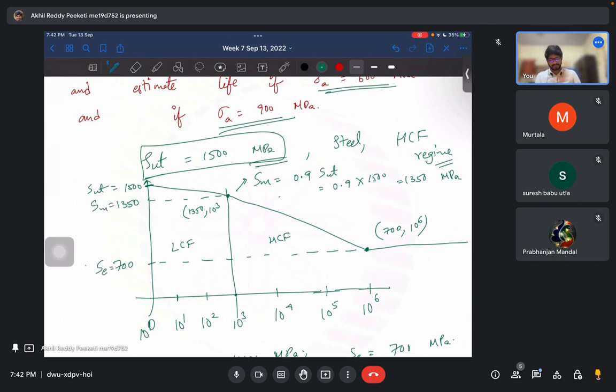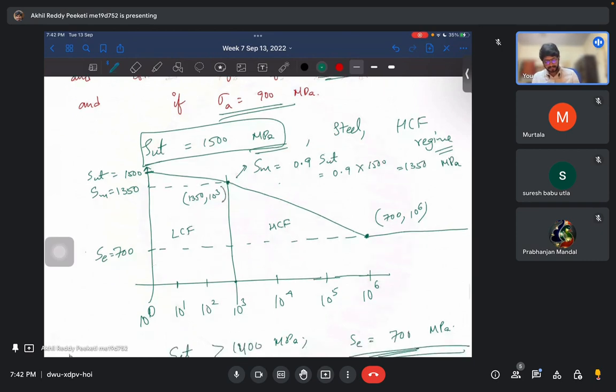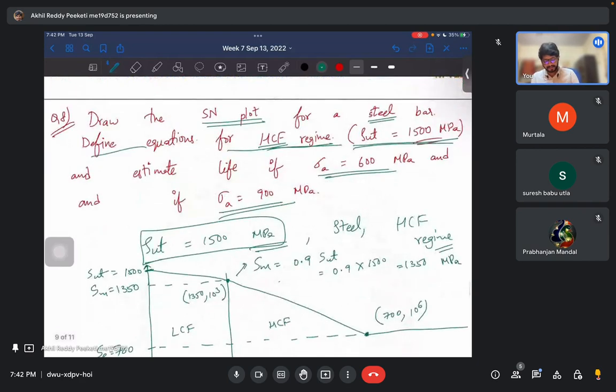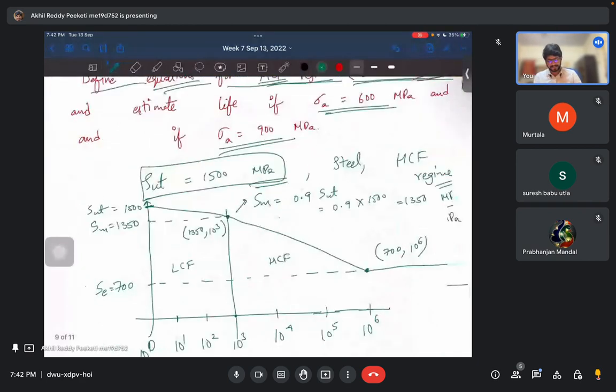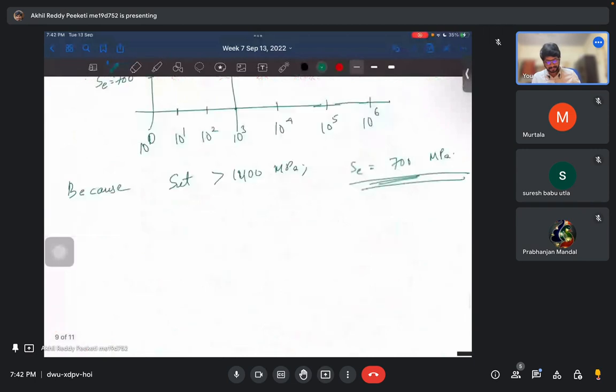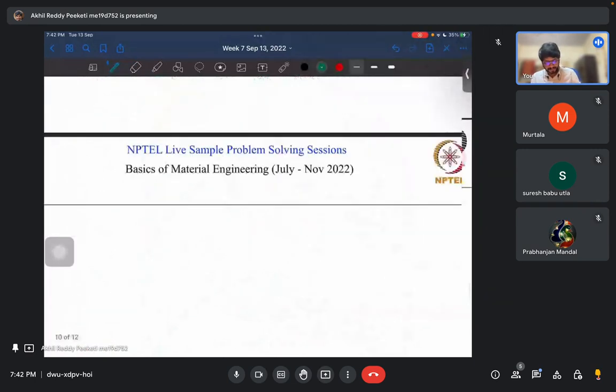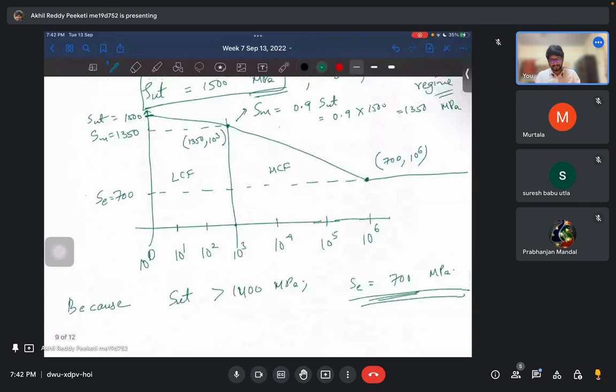Now in between these two, we have drawn the graph. Now we also have to give the equation in the HCF regime. That means we need to give the equation for this part.